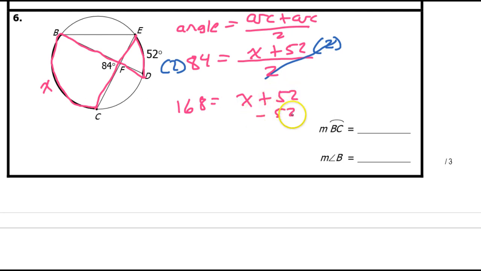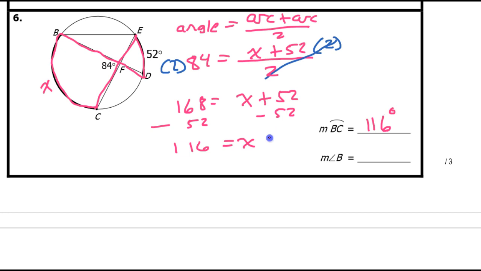So of course you subtract 52 from both sides. So you wind up with 116. And that is arc BC. So arc BC is 116 degrees.